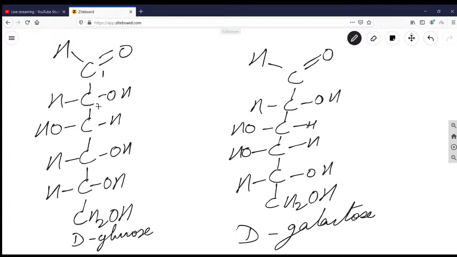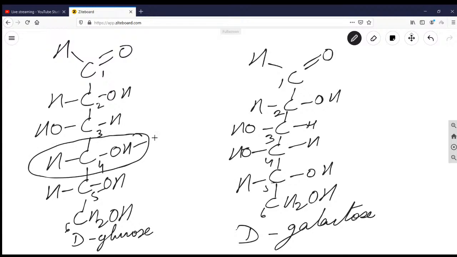Carbon number 1, 2, 3, 4, 5, 6. 1, 2, 3, 4, 5, 6. Where do you see the difference? I can see the difference in carbon number 4. At carbon number 4, OH is on this side, the opposite side.